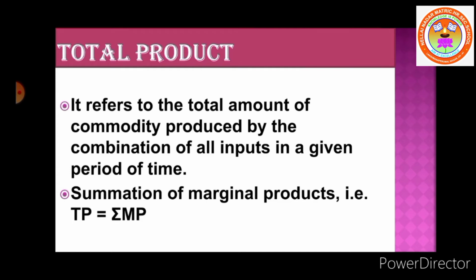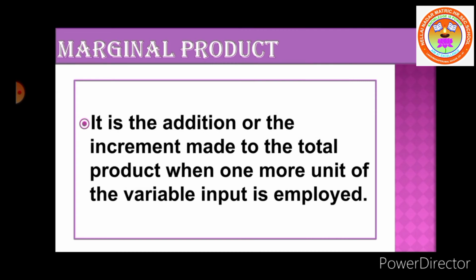It is the summation of marginal product. TP means total product, MP marginal product. The marginal product is the addition or the increment made to the total product when one more unit of the variable factor is employed.